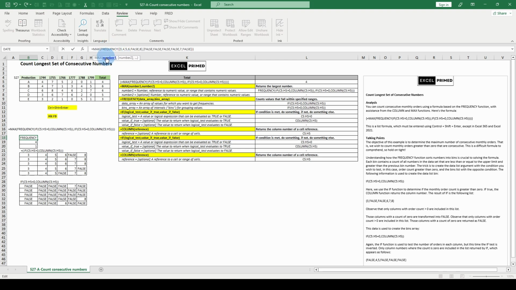We have frequency, so then we have this max, and it's going to go 4, 1. Based on what? Well, our bins, if you look at frequency, this is frequency right here. It's going to produce 4, 1. This is the output of frequency right there. 4, 1, it spills.